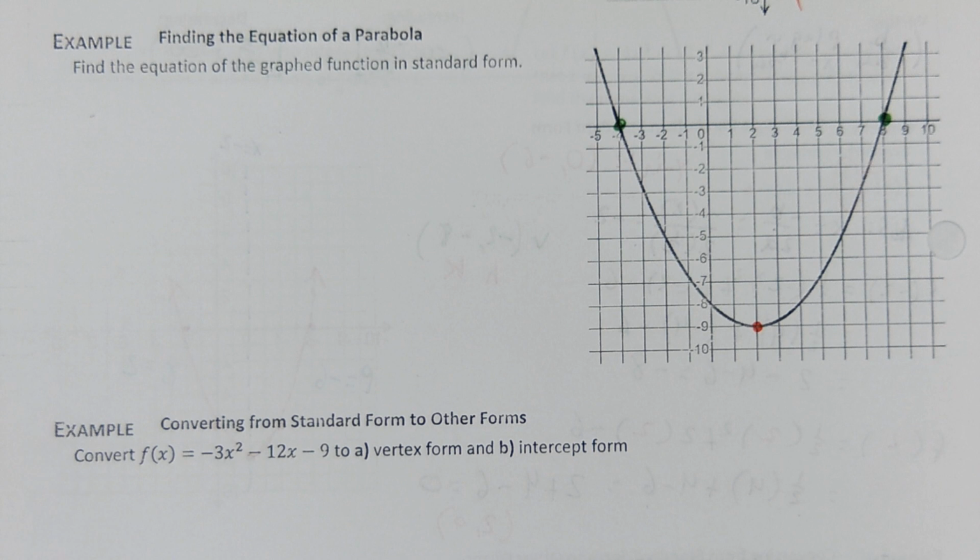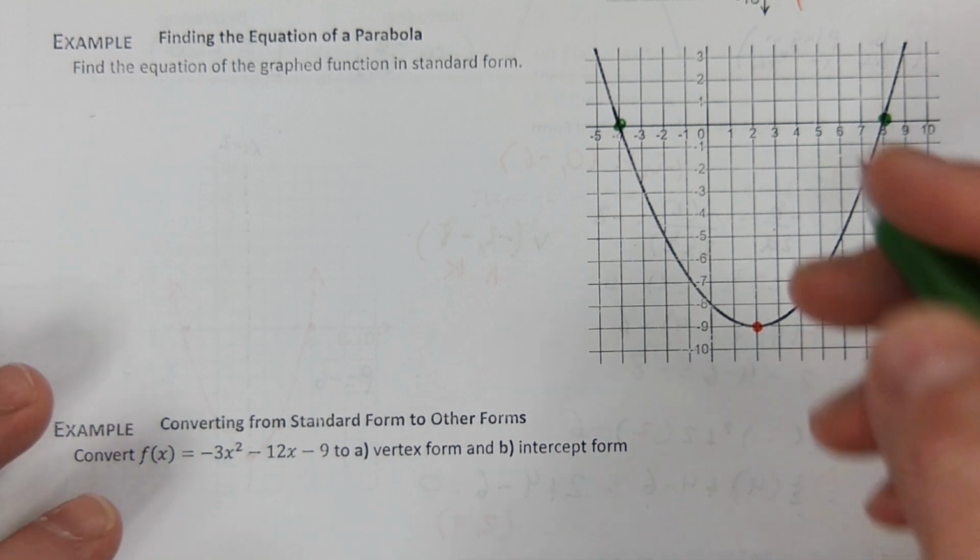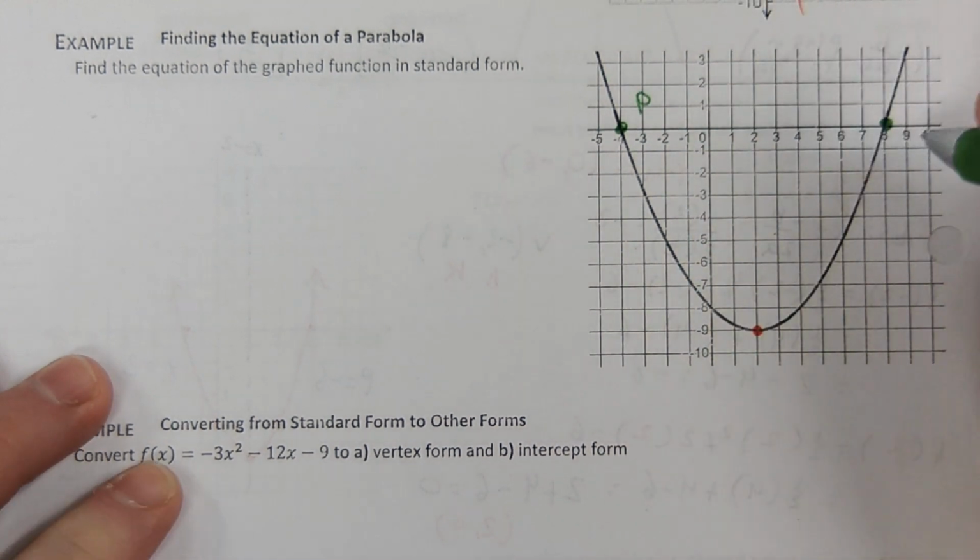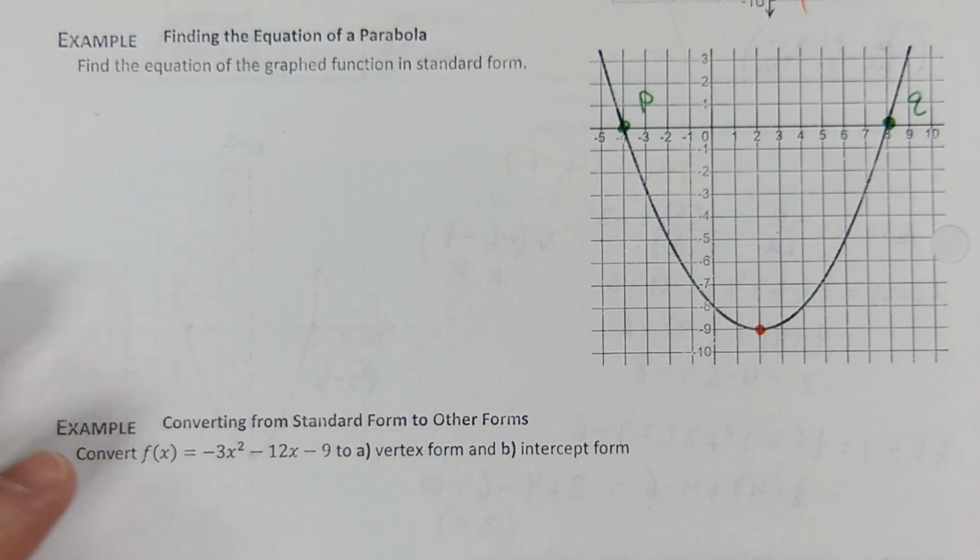And it actually doesn't matter which form you choose to use. That rhymes. Just pick one and be good at it. I honestly feel like using intercept form is less work, and that's why I want to do it that way.